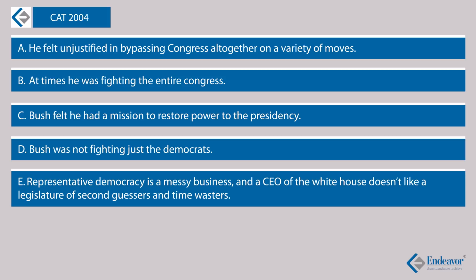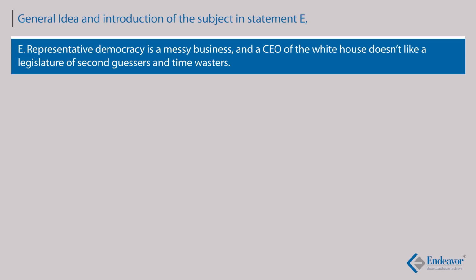We need to rearrange these 5 sentences with the links that we just now discussed. So, an opening sentence here can be the last one, where the general reference to the president has been made by calling him a CEO of the White House. After that, we need to find a sentence that continues the link of a CEO and relates it to Bush.